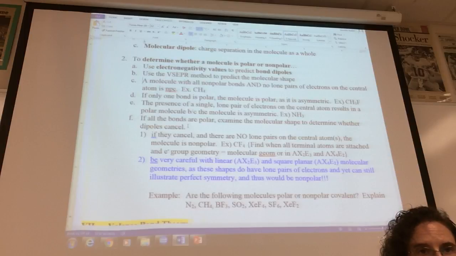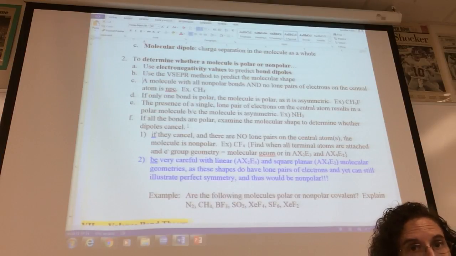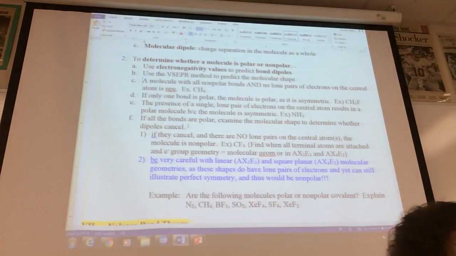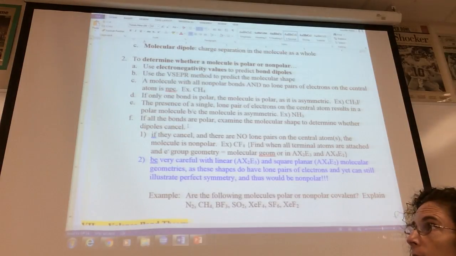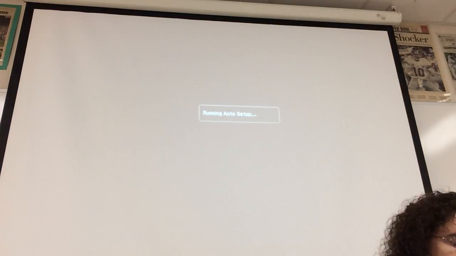Shapes like linear, trigonal planar, tetrahedral, trigonal bipyramidal, octahedral. Those make for perfectly symmetrical. Also the funky linear and square planar, and I'll go over those two in F2. But in F1, this is the same thing as you saw at the honors level.